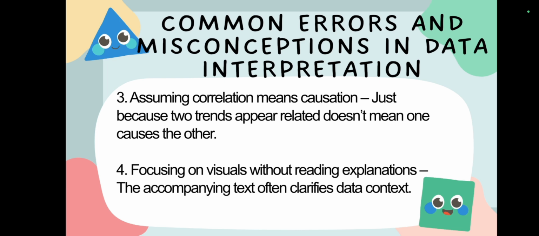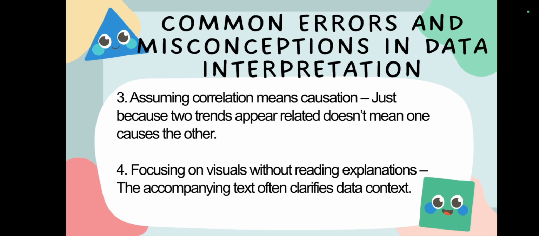Okay, fourth: focusing on visuals without reading explanations. In here, the accompanying text often clarifies the data context. What does it mean? The accompanying text often clarifies the context. Now, in this number 4, the common errors and misconceptions in data interpretation.